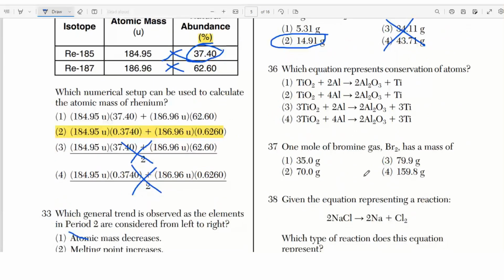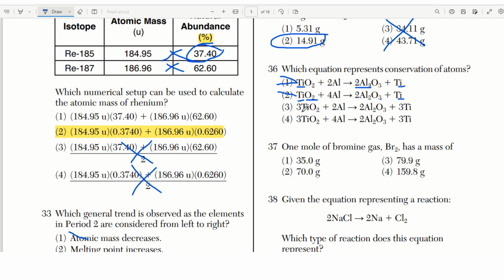All right, which equation represents a conservation of atoms? So that means I have the same number and type of atoms on both sides. 1 Ti, 1 Ti. 4 Al, because 2 times 2. Oh, okay, so this one's wrong. Let's go to the next one. 1 Ti, 1 Ti. 2 O's. 2 times 3 is 6 O's.